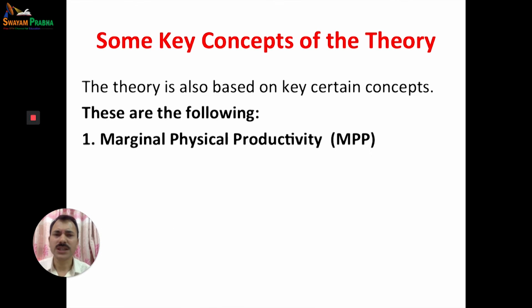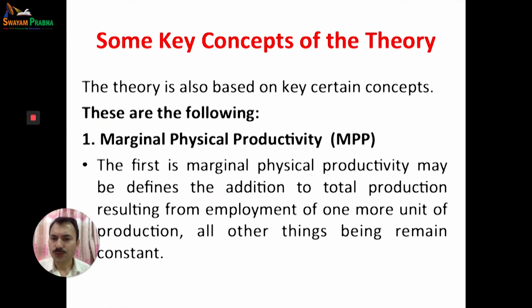Now, there are some key concepts we have to discuss in the marginal productivity theory. First, marginal physical productivity, which we have already discussed. Marginal physical productivity may be defined as the addition to total production resulting from the employment of one more unit of a factor.